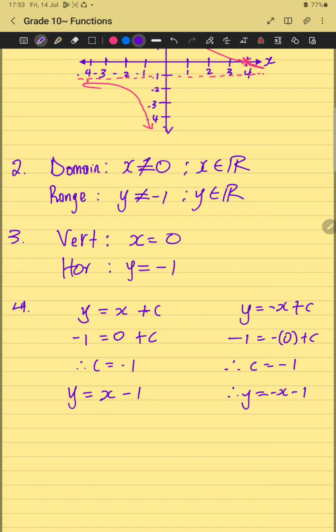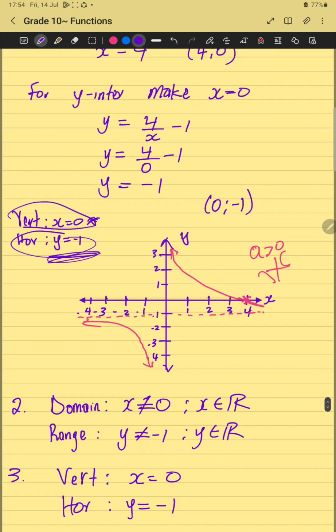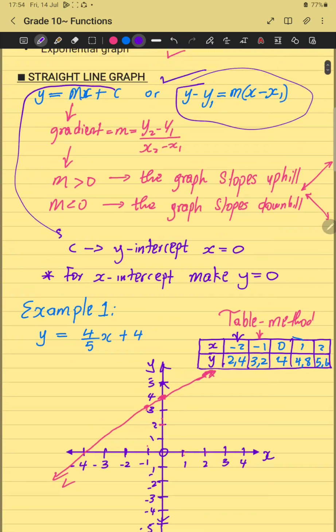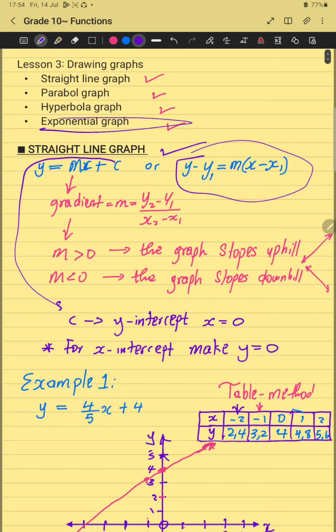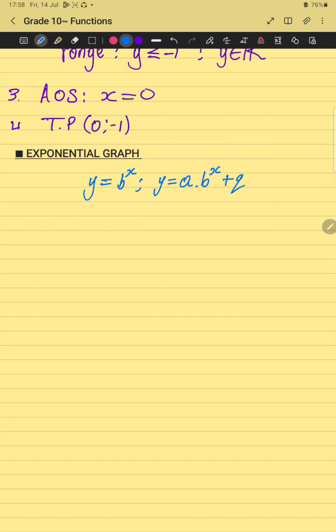So simple as that. Now we move on to the last one, that is the exponential graph. These are the 2 equations that we'll be looking at. In the first part, I want us to look at the effect of a on the graph, how the value of a affects the graph, as well as the value of b, and so on. All right.